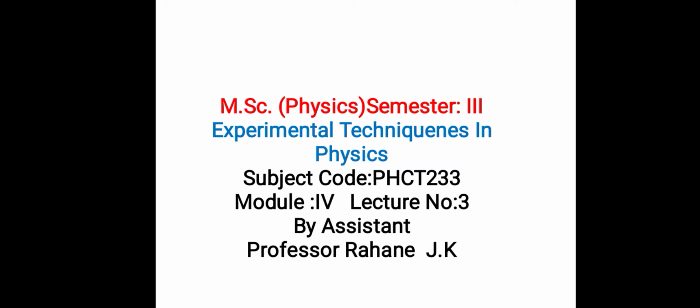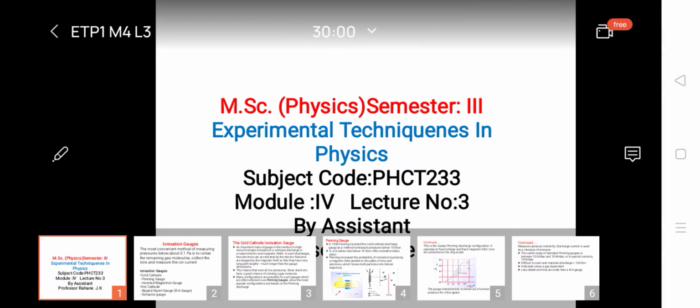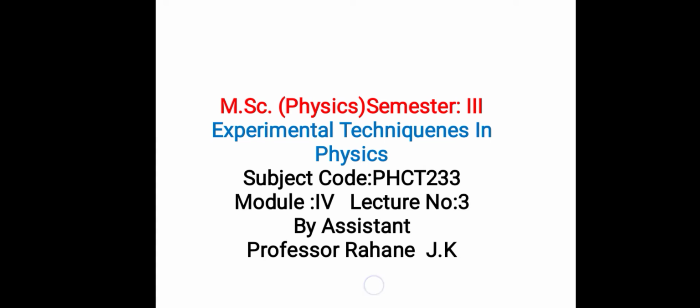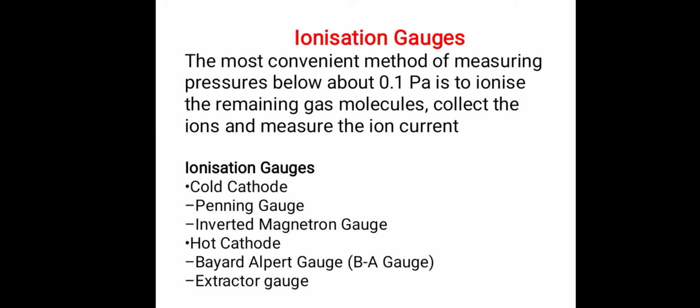Ionization gauges: the most convenient method of measuring pressures below about 0.1 Pascal is to ionize the remaining gas molecules, collect the ions and measure the ion currents.